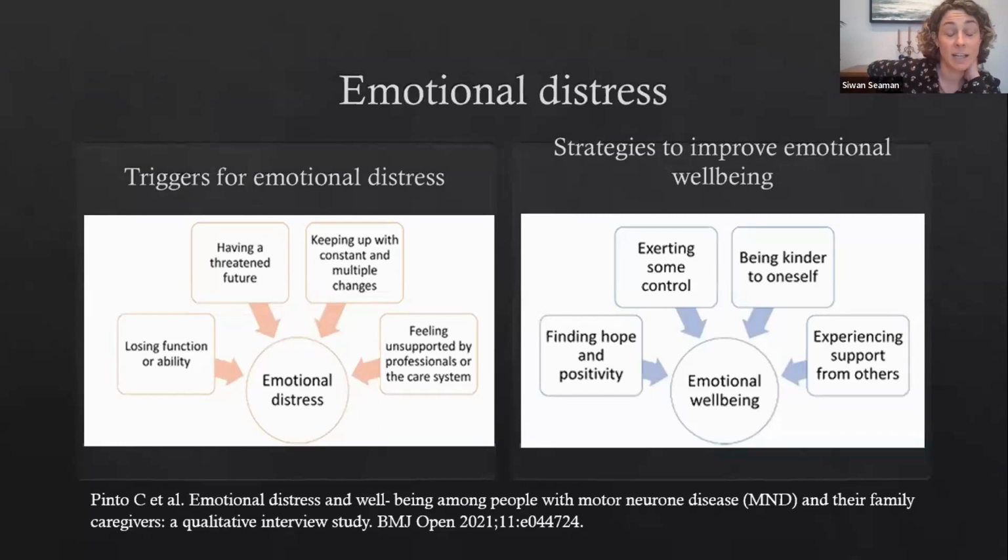This is just taking another paper that was published last year, looking at interviews of 25 patients with motor neuron disease and carers, and the broad themes that came out of that, 8 themes, for looking at things that input into causes of distress for our patients, and for potential strategies for improving emotional well-being.